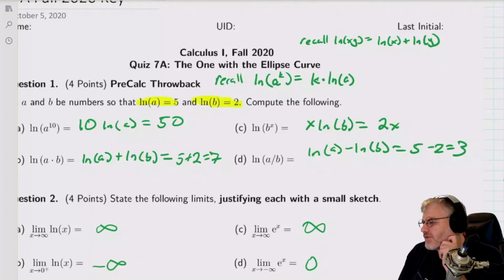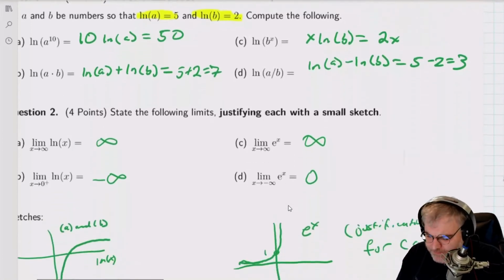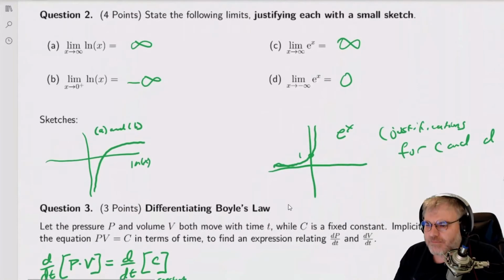It's got a bunch of those on there, a bunch of things that you kind of need to recall, and some of them are going to be in the regular WebAssign. So if you didn't do that extra credit and you don't feel comfortable with this stuff, I encourage you to go hit that extra credit and request an extension if you need one. Okay. All right, moving on.